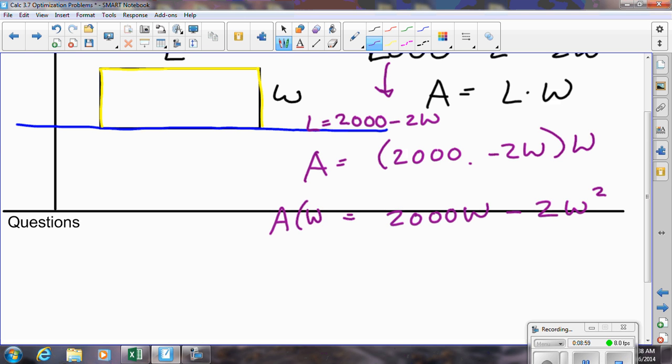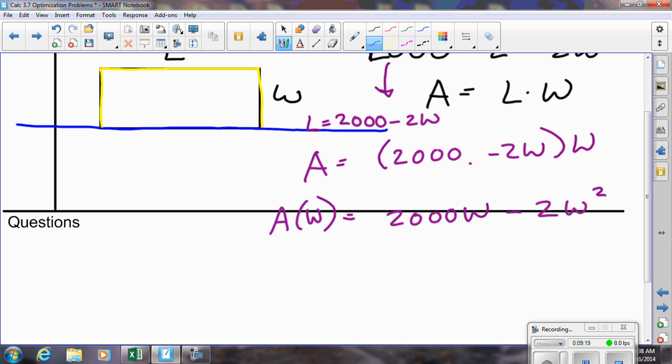Area is now a function in terms of the width of the field. And this is going to tell us the area of the field for any possible width.